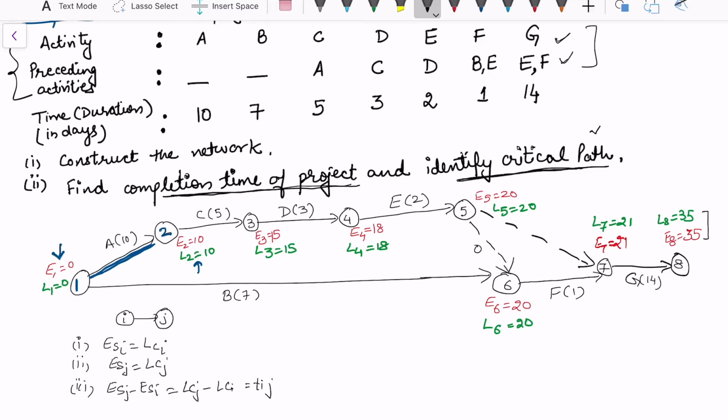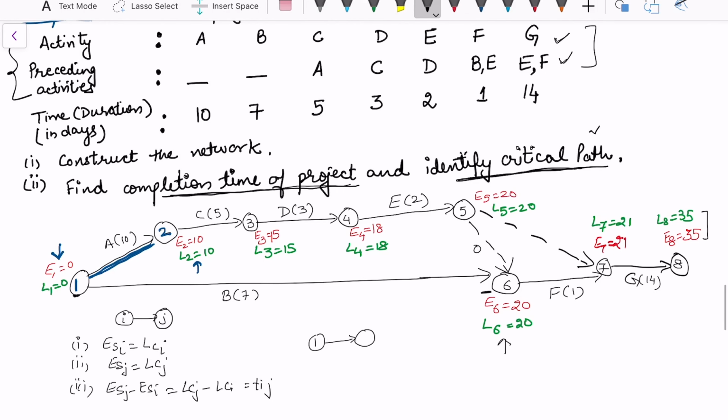Look at the next activity. Maybe we can look at activity B. For activity B, this is the ith node and this one is the jth node, 1 to 6. Here earliest is 0 and latest is 0. Here earliest is 20 and latest is 20.